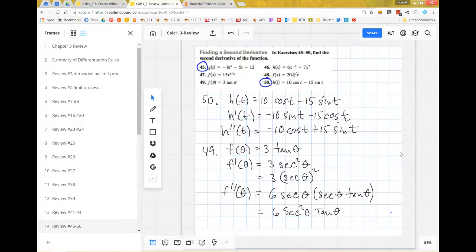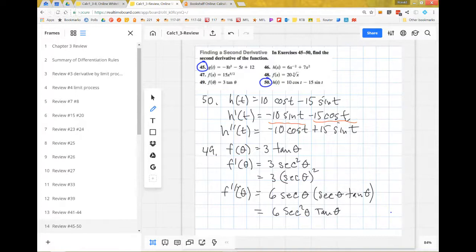Well, constant you don't do anything with, 10. The derivative of the cosine is minus the sine. So if you take that minus times 10, you get this minus. And on the second part, again, leave the constant alone. What's the derivative of the sine? The cosine. So there's our derivative.